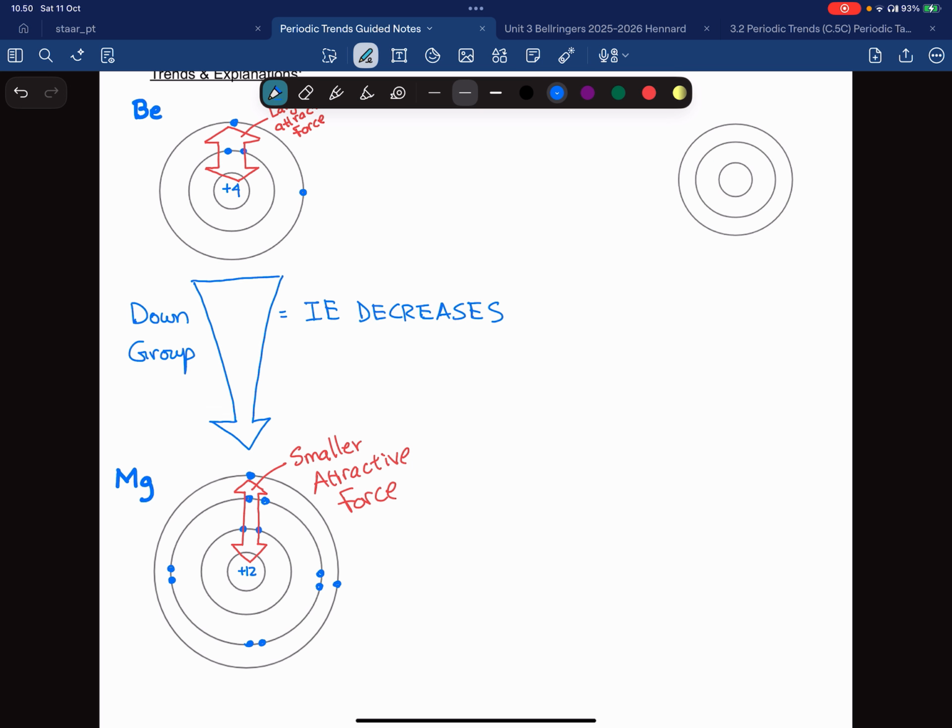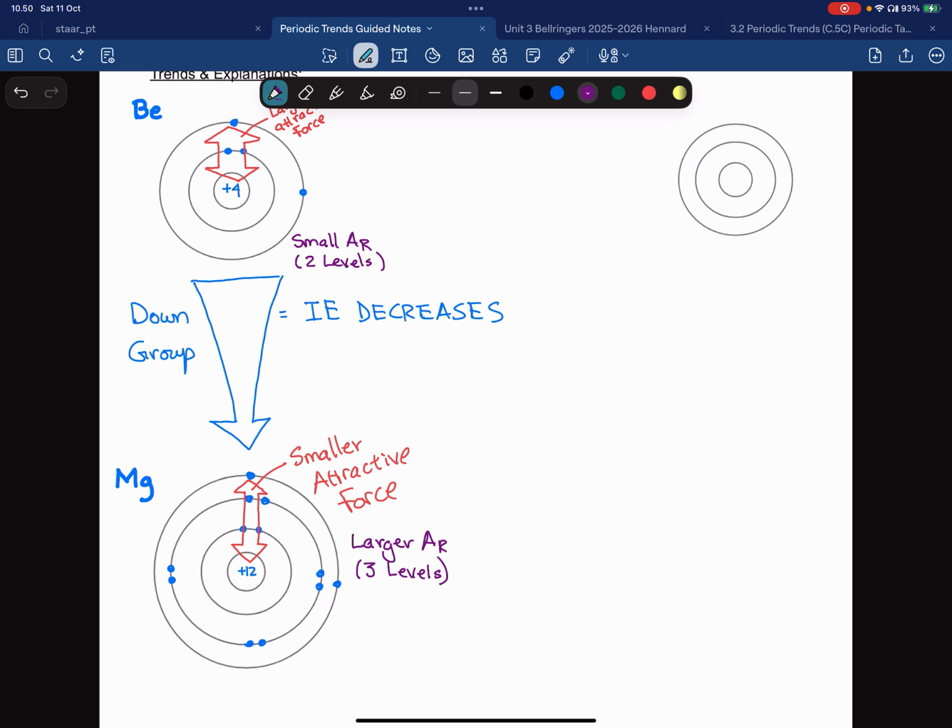Now, why is that? This is a small atomic radius because it only has 2 energy levels. This is a larger atomic radius because it has 3 energy levels.